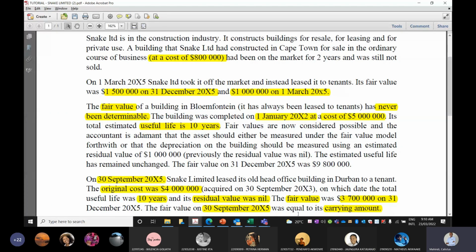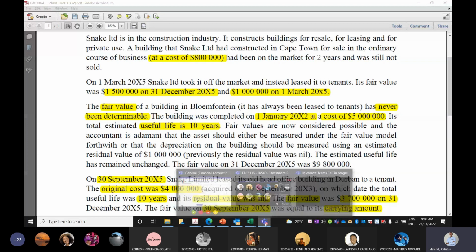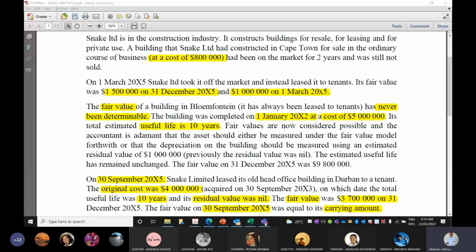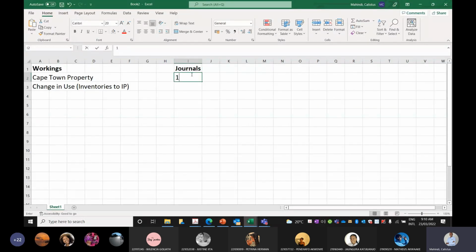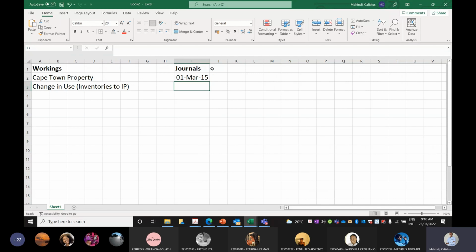All right. So let me just do journals here. We're not required to do this, but this will help you. You can do this as part of your workings. So we had one on 1st of March, 20x5. Okay, I'll just say 2015. You said we debit our investment property.